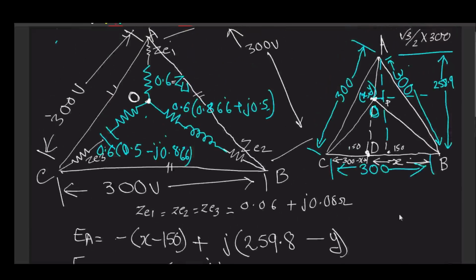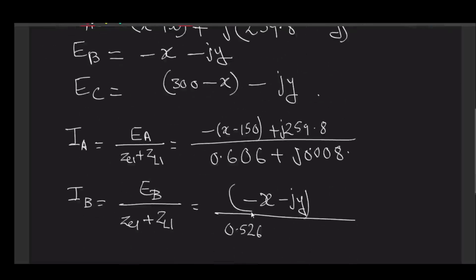Okay, sorry, I made a slight mistake while placing the load diagram. Please correct, previously these two impedance values were interchanged. Now I have placed them correctly. Obviously this is for our load, so what we are getting here is 0.526 plus J0.306.